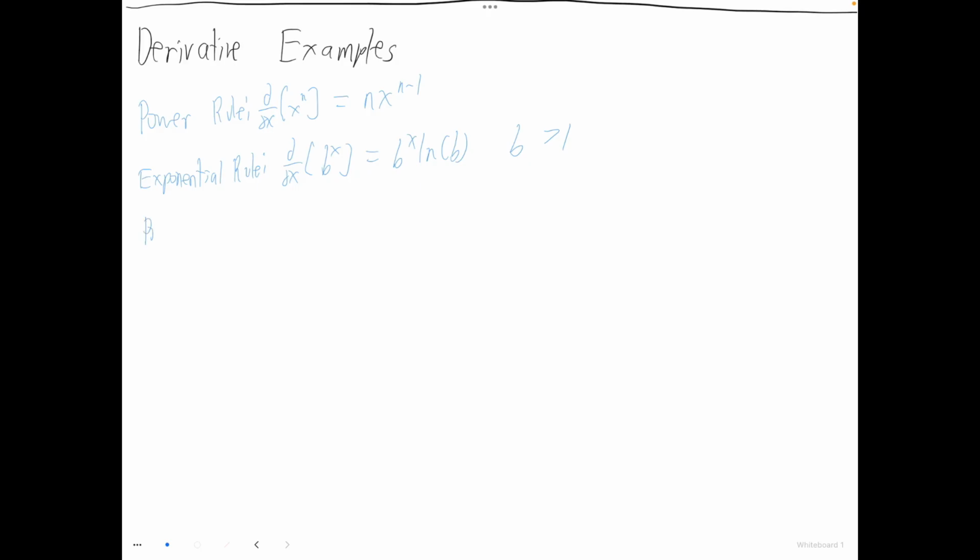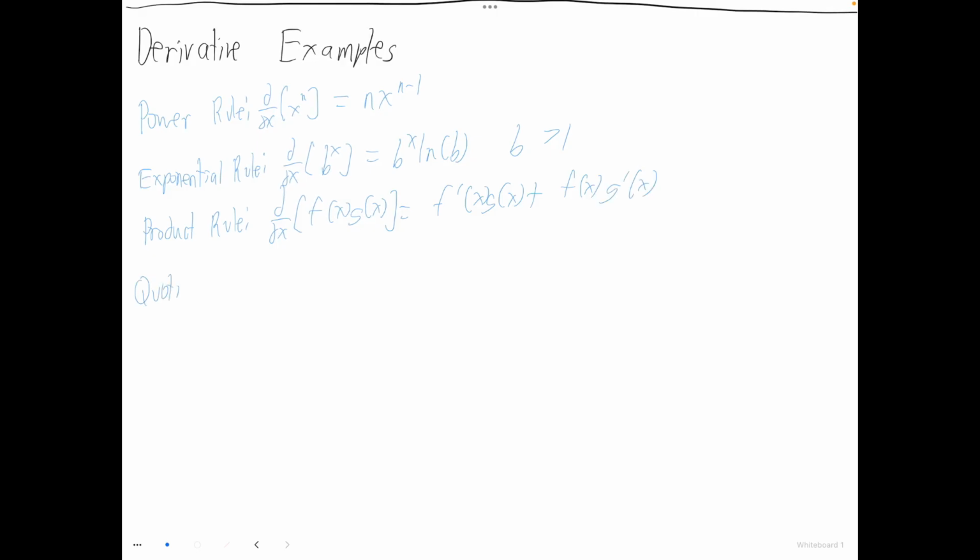And then we have the product rule, which says the derivative of f of x times g of x equals f prime of x times g of x plus f of x times g prime of x.